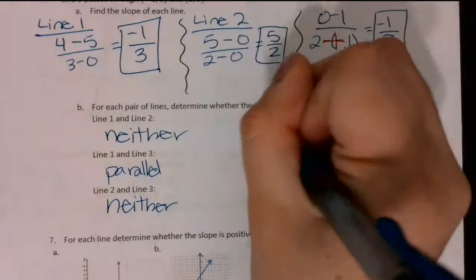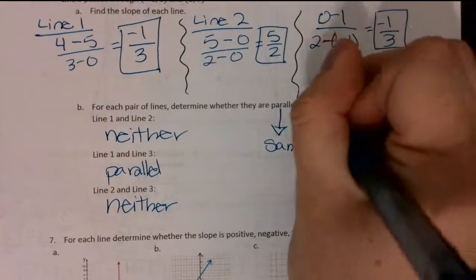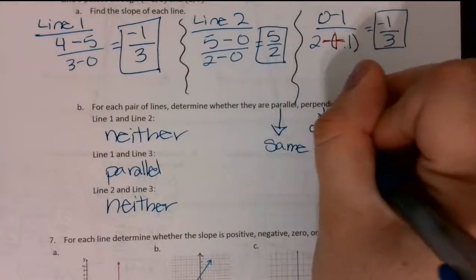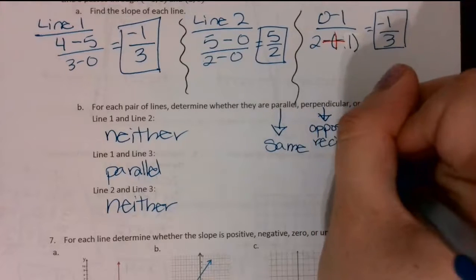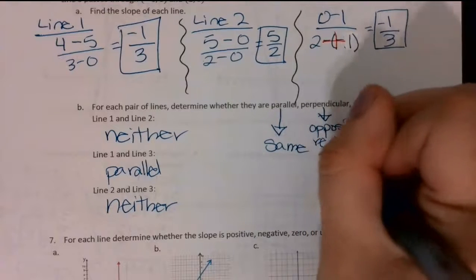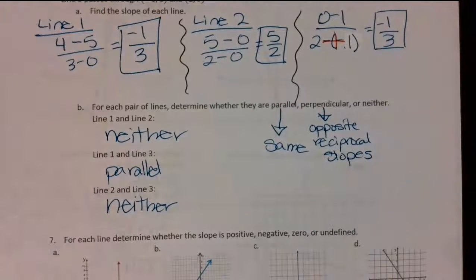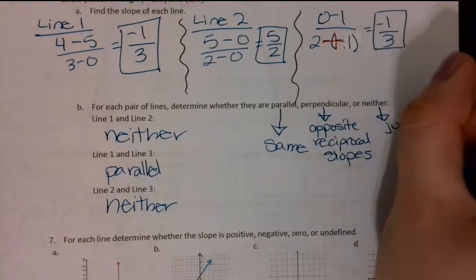Remember, parallel is same. Perpendicular is opposite reciprocal slopes. So opposite sign, opposite fraction. And then neither is just random.